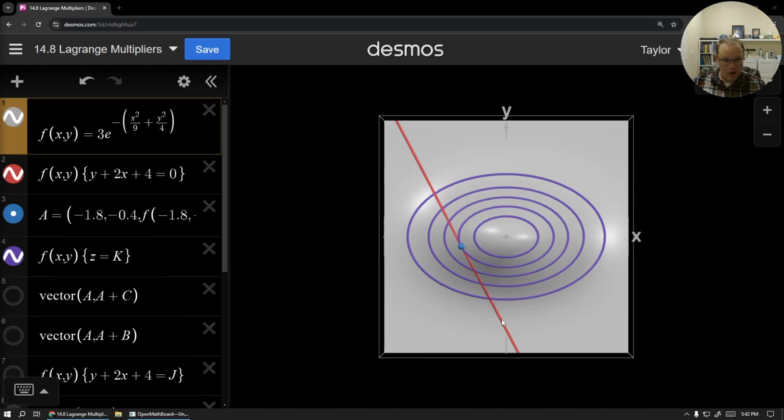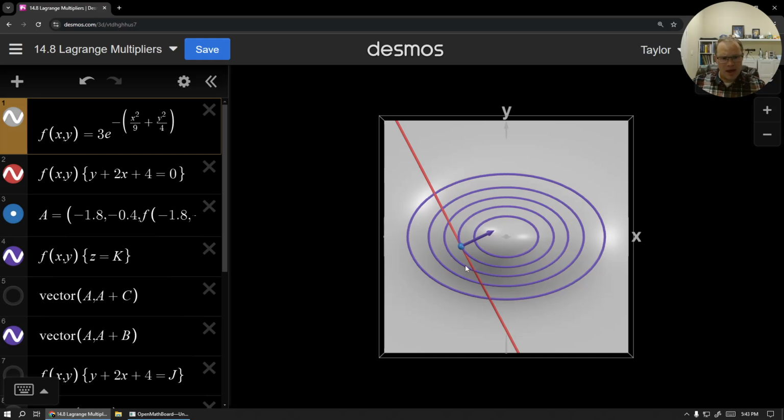Because where our constraint equation is tangent to a level curve, that could be a local maximum or a local minimum. So what we're going to do is use the gradients. Remember, the gradient of a surface at a point points orthogonal to the level curves, because it points in the direction where the surface increases the fastest, where it is steepest.